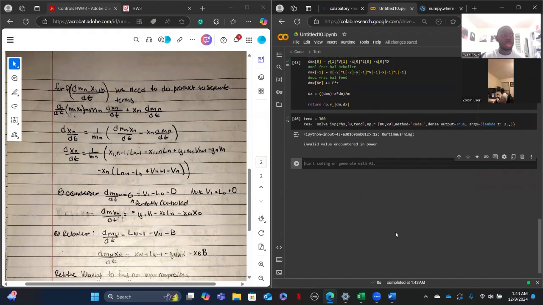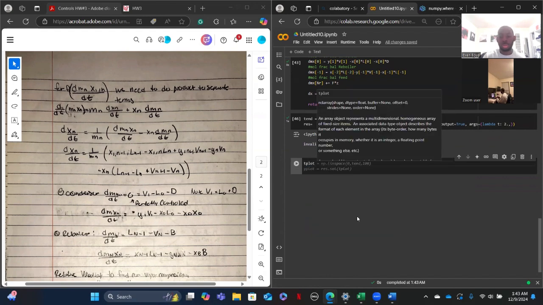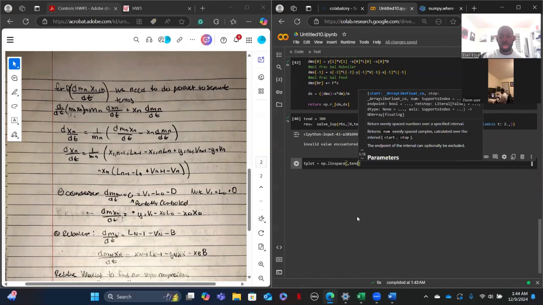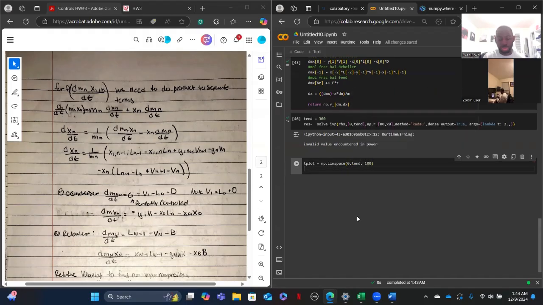To plot this out, we need to start off with t plot again: np.linspace 0, 10, and then we do 100 points. And then we need to re-split out our vector for our moles and our mole fractions.